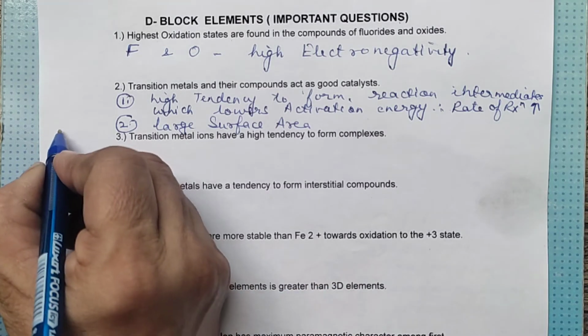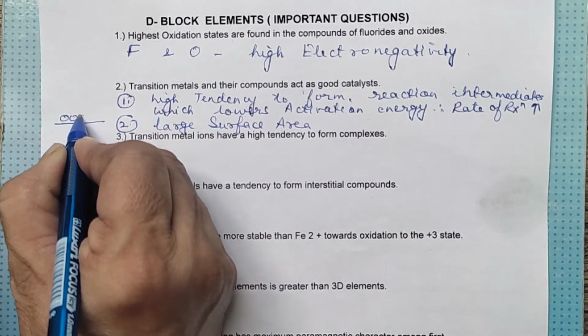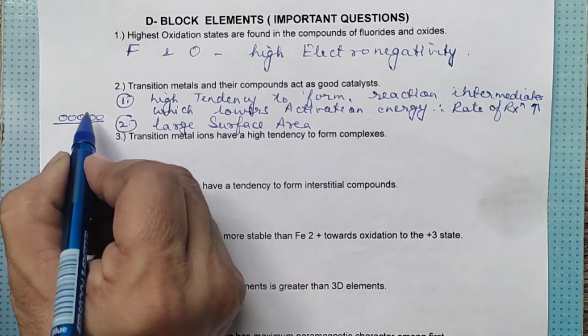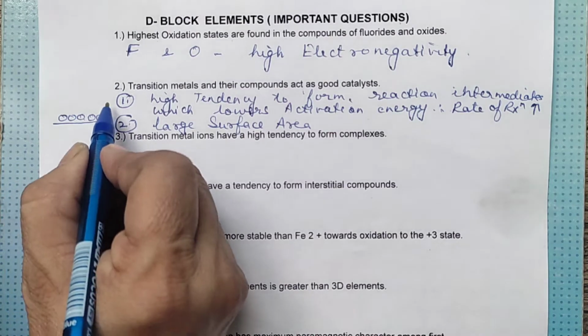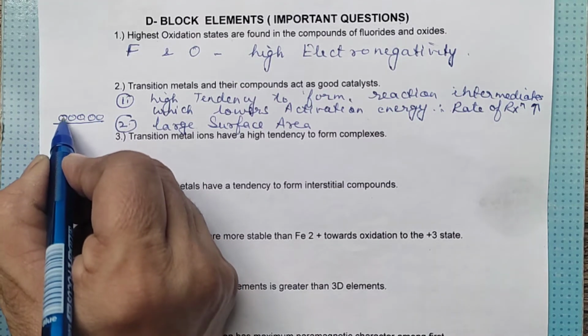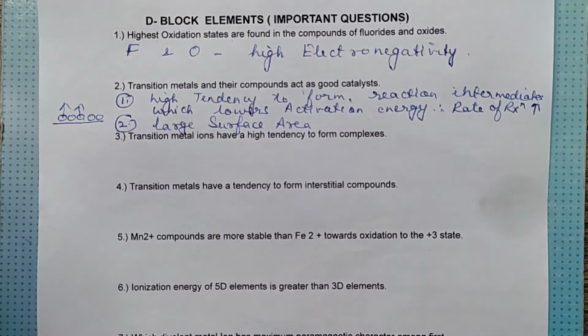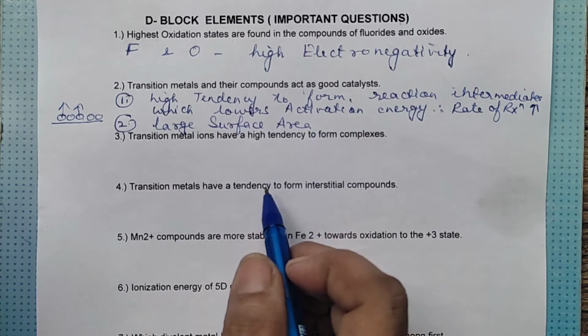So suppose this is the catalyst surface, it is providing a surface area, the reactant molecules get adsorbed onto it. When they get adsorbed means they are all coming together, their concentration increases, so rate of reaction also will increase. They will form the product, the product will leave the surface, that is desorption will occur, and the same catalyst can be used again. So 2 points have to be mentioned why transition elements act as good catalysts.